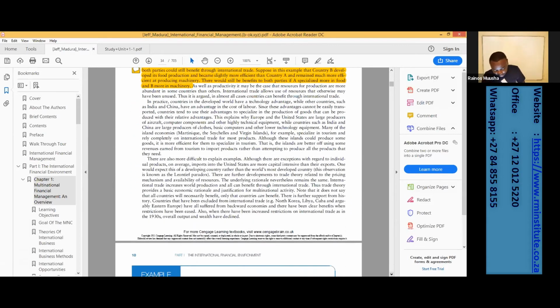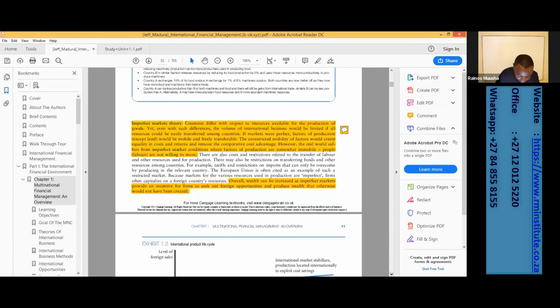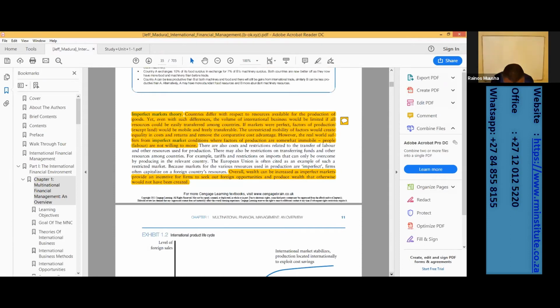The next economic theory is the imperfect markets theory. And here they say, countries differ with respect to resources available for production of goods.